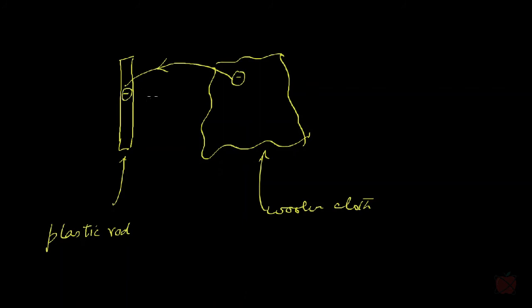So now the electrons are gained by the plastic rod, so the plastic rod becomes negatively charged. And because the electrons have gone this way, now in the woolen cloth there will be a deficiency of electrons, and the deficiency of electrons is denoted by a positive charge. Okay, so which becomes negatively charged? The plastic rod. And the woolen cloth gains positive charge. Is this clear? So that is the first method of charging a body.